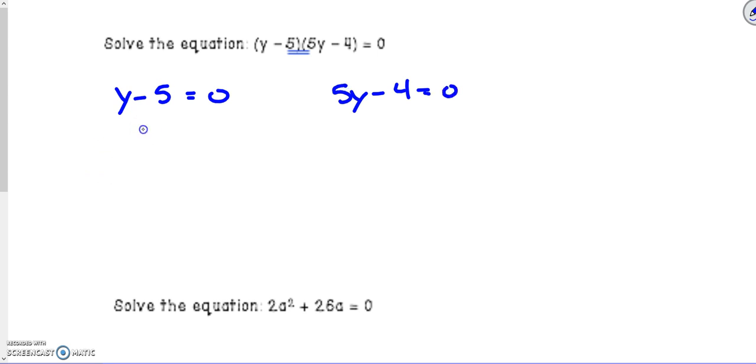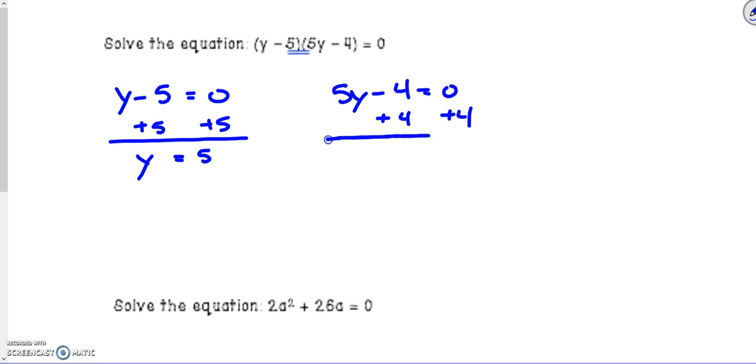So then solving this for y, we add 5 to both sides, and we have y equals 5. For this one, we're going to add 4 to both sides. And so then we have 5y equals 4. Divide both sides by 5. And we have y equals 4/5, 0.8, depending on how you want to write that.